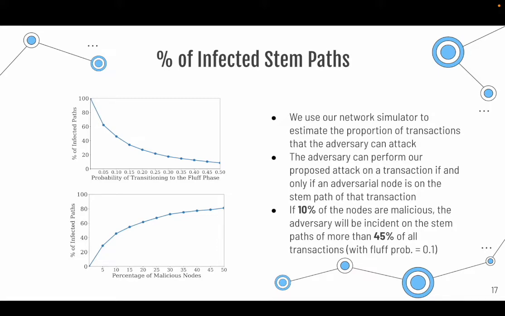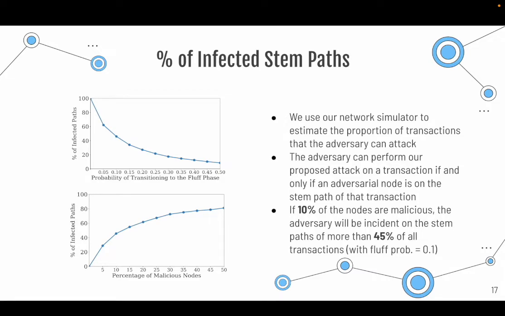So in the figure, we can see that by increasing the probability of transitioning to the fluff phase in each step of transaction relay, the percentage of infected stem paths decreases. Also, by increasing the percentage of malicious nodes in the network, the percentage of infected stem paths increases.